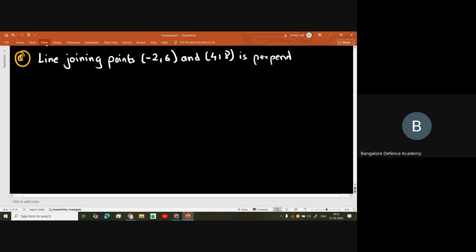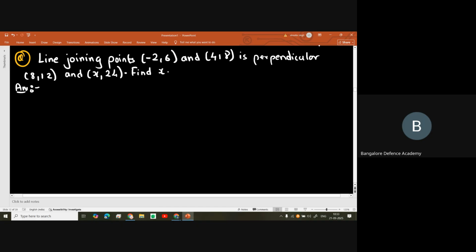If the line joining the points minus 2 comma 6 and 4 comma 8 is perpendicular to the line joining the points 8 comma 12 and x comma 24, find the value of x.